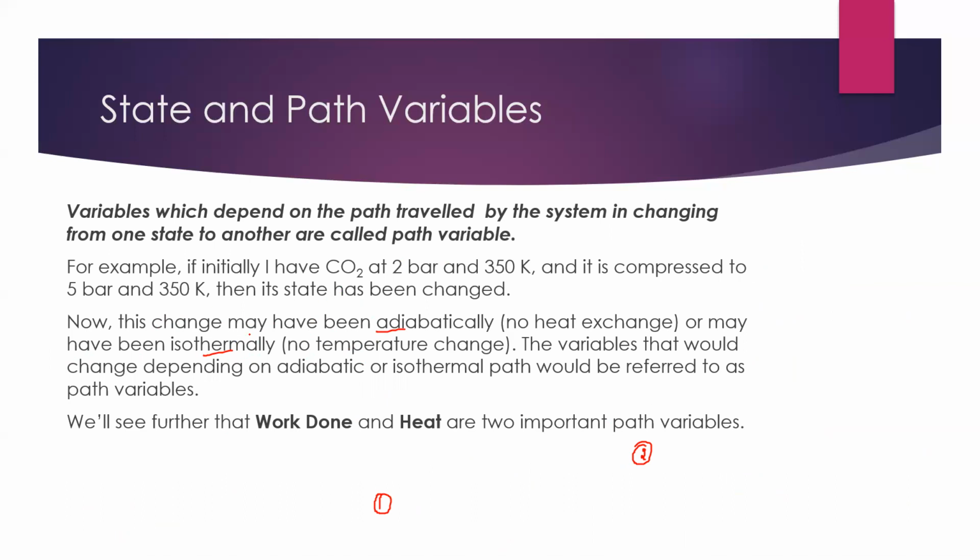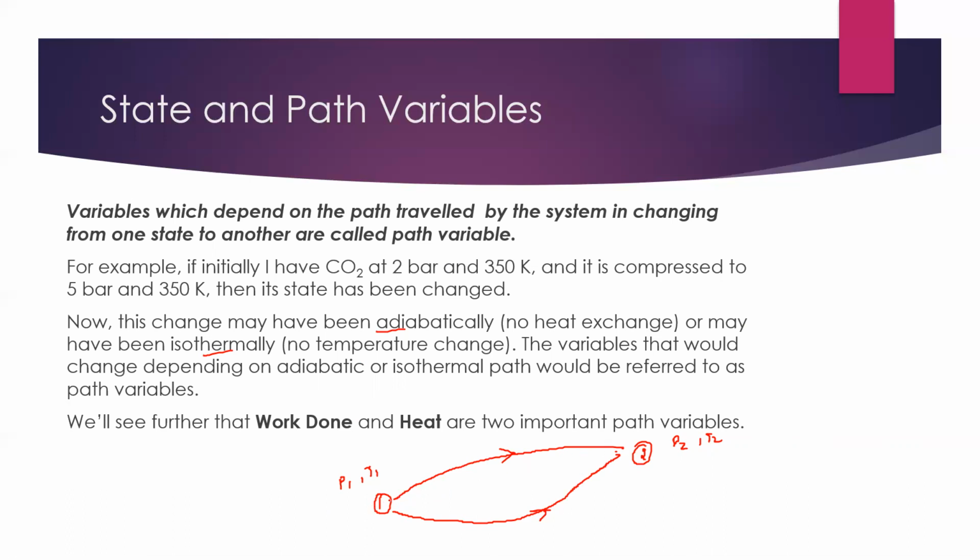Let's say this is my state 1 and this is my state number 2. Now I know the state variables P1 and T1 here, and I know the state variables P2 and T2 here. To move from state 1 to state 2, the system can actually travel through different paths to reach state 2.